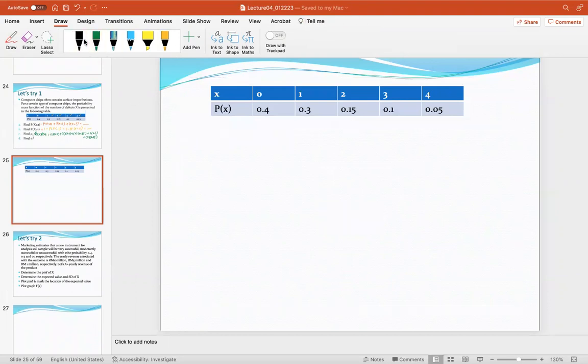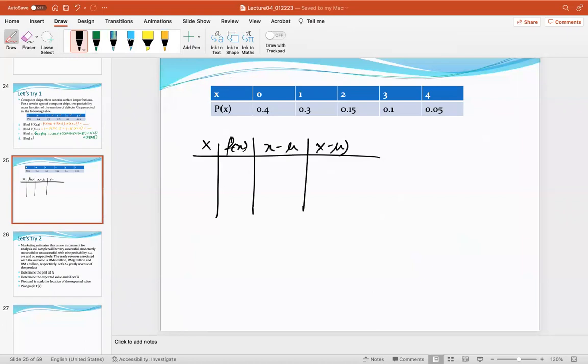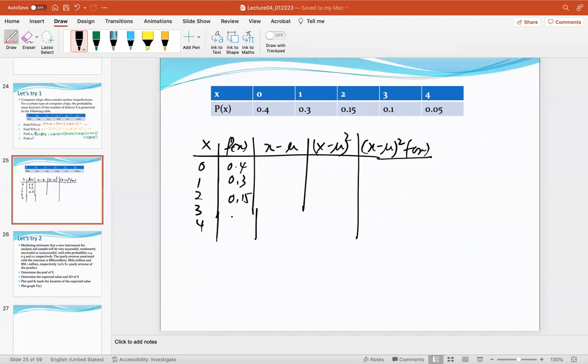So what we should do now is first draw the table: x, f(x) or P(x) in this case, and (x minus mean) to the power of 2 times f(x). Right? So I have 0, 1, 2, 3, 4, and 0.4, 0.3, 0.15, 0.1, 0.05.